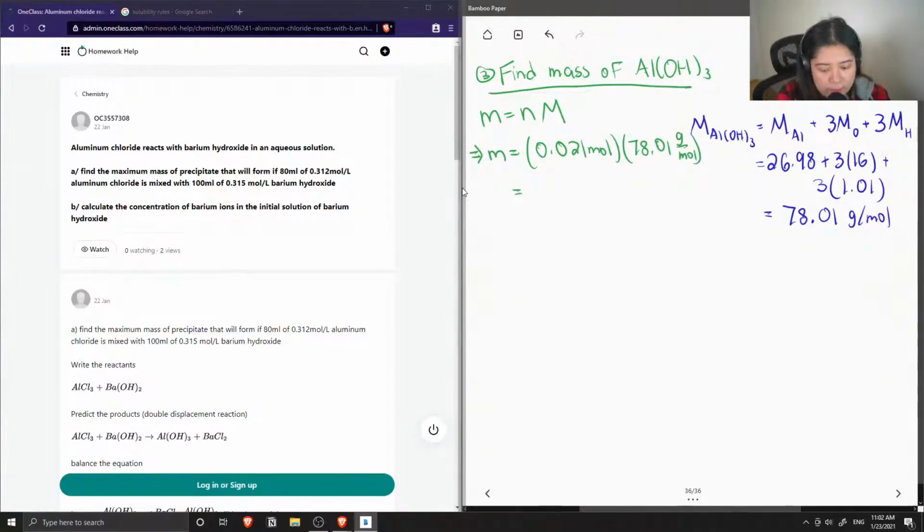And you get a final mass of 1.64 grams. So therefore, 1.64 grams is the maximum mass of precipitate, which is aluminum hydroxide.